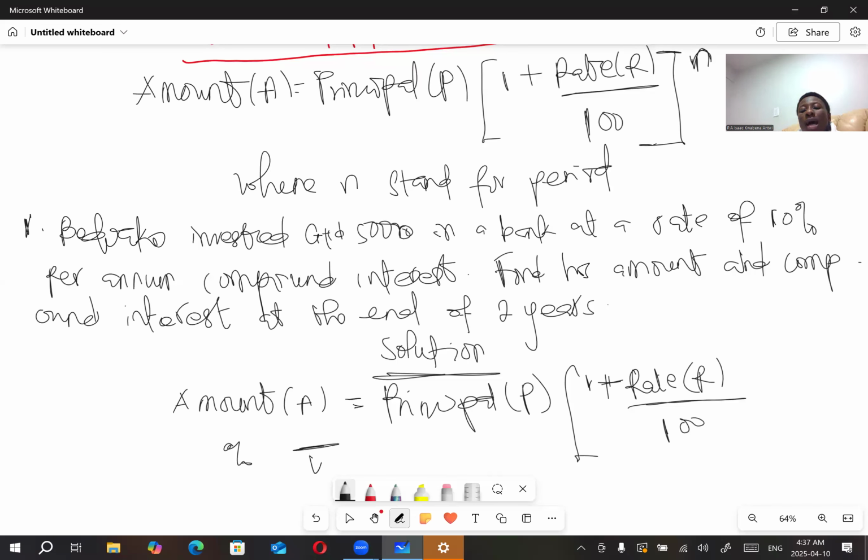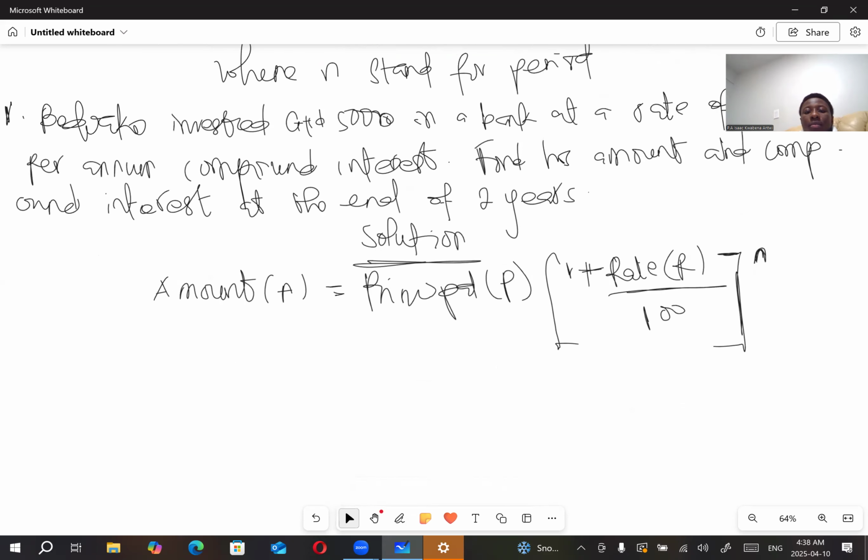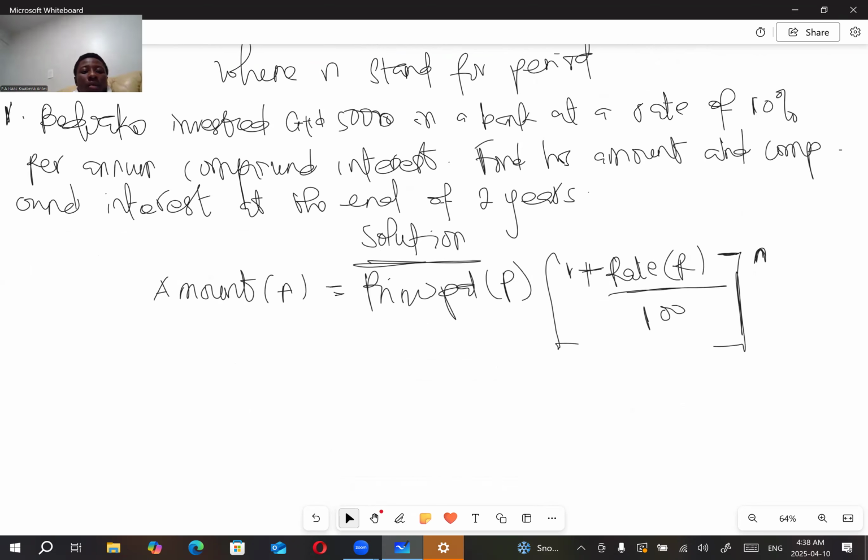That's why in the formula, I've divided by 100. So all exponents n, where n stands for period.